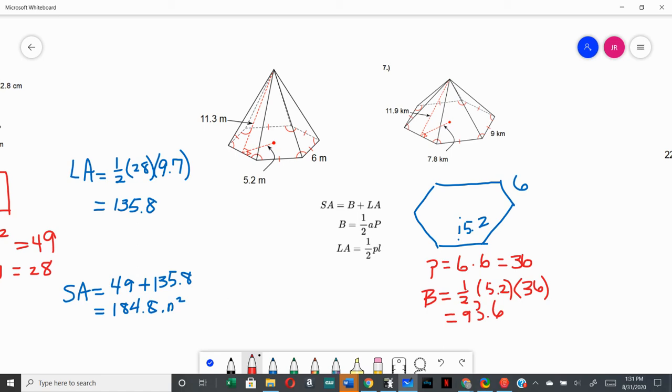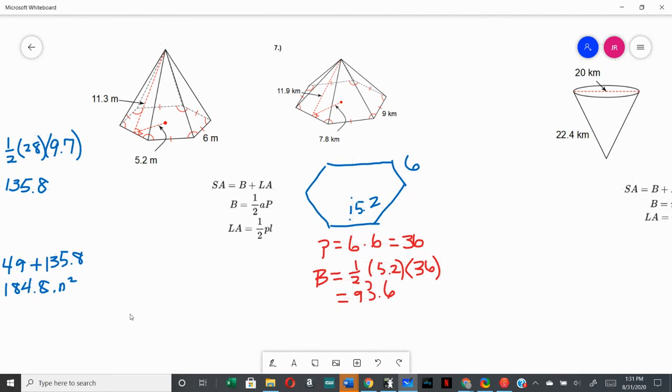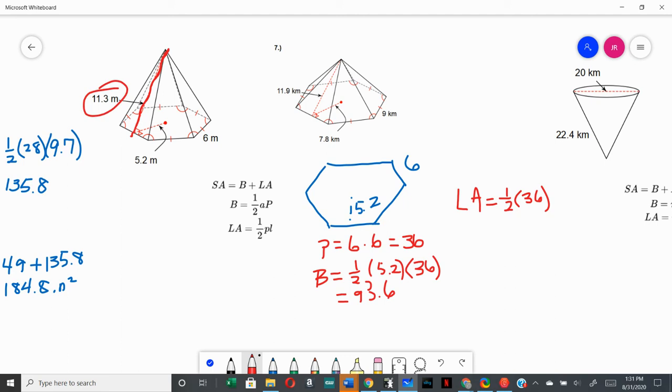And so now I'm going to find my lateral area. Give myself a little more room here. My lateral area is going to be 1/2 the perimeter. Perimeter is still 36, times the slant height. Any slant height on any pyramid is from the tip down to one side. In this case, it's 11.3.